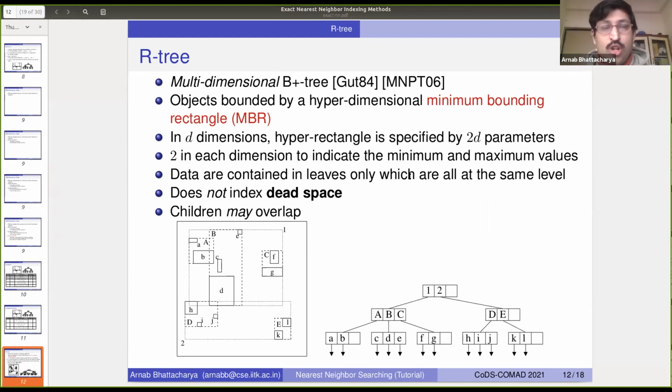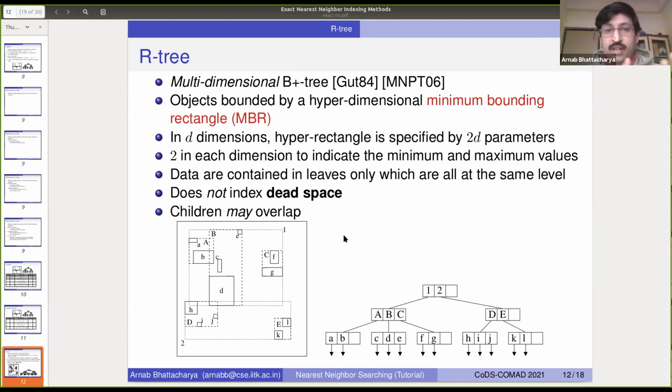So the most important multidimensional structure is the R tree. This is a family of structures. Remember in B plus tree, the keys are single dimensional. Instead in R tree, these are actually D-dimensional. Now, what happens in R tree is that you can take some of these points and enclose them in a larger box.